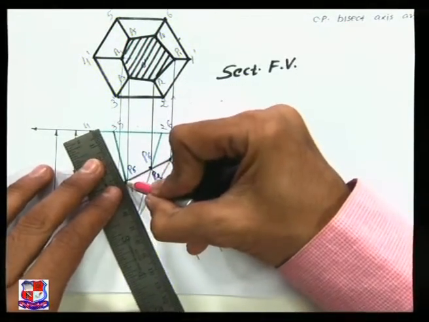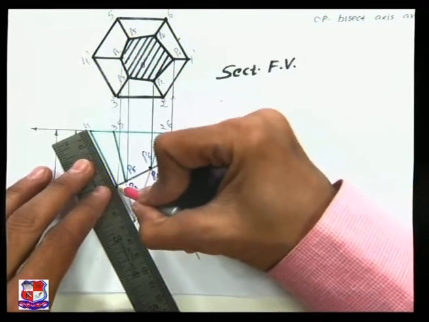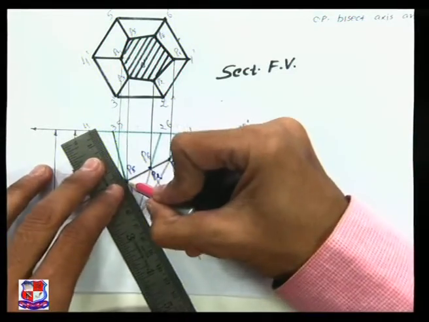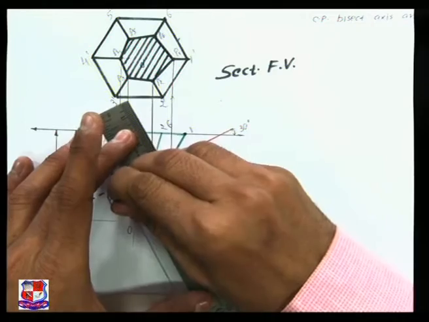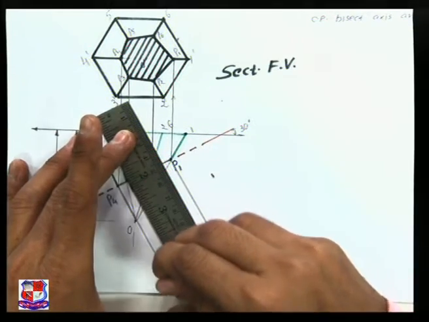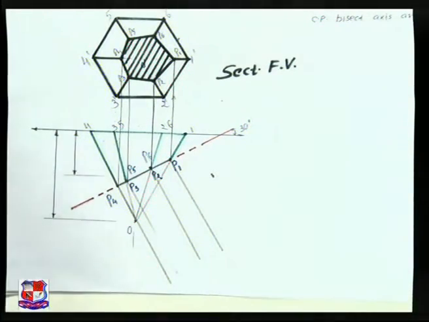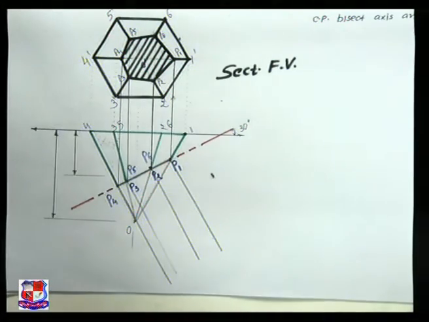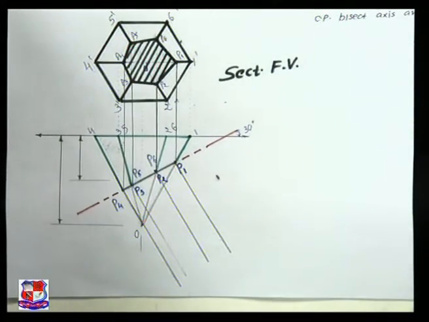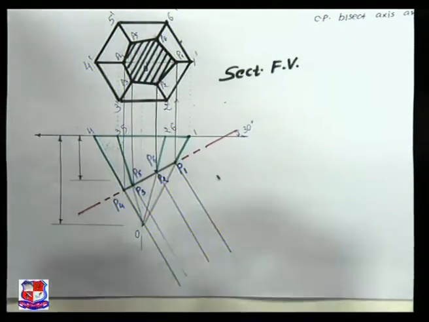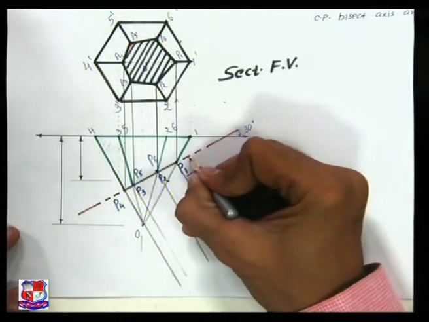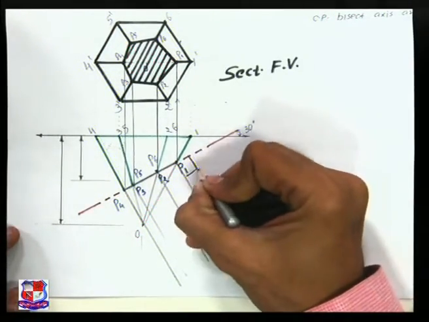From P1, P2, from P3 and P4, P5 and P6. From all these points, lines at an angle of 90 degree to this cutting plane, means this angle is 90 degree, you can see here.